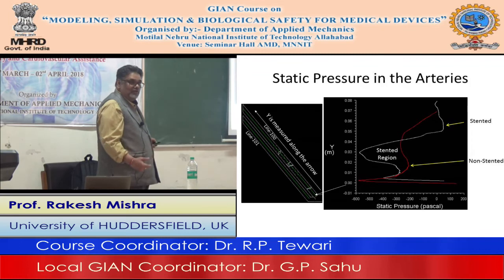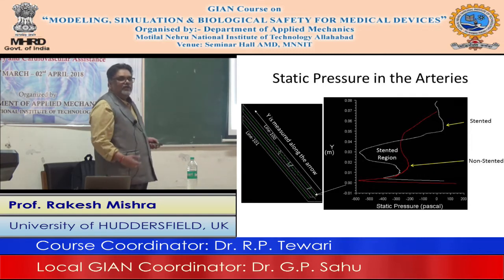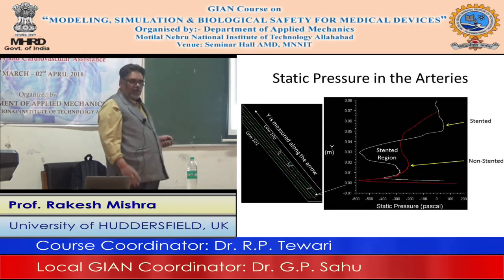So you can put a line across it and see how the flow was in the same artery with no stent. That is one further level of sophistication you can bring into your analysis. Is it all right? Making sense?